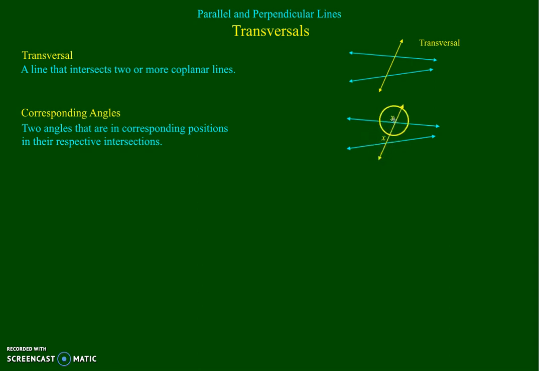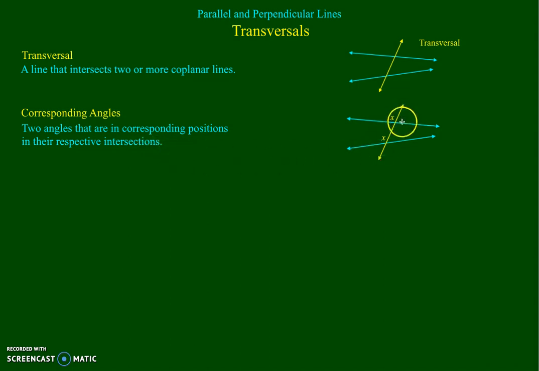So let's call this the northwest corner, and this is the northwest corner. These two angles are in the same corresponding positions at their relative intersections. So these are called corresponding angles. Corresponding angles are two angles that are in corresponding positions in their relative intersections.